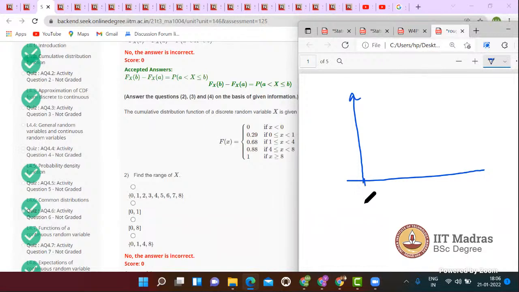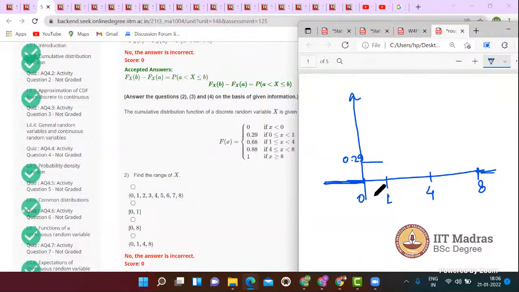Okay. So from 0 to 1, this is 0, right? This is 1, this is 4, and this is 8. Before 0 the probability is 0, right? And then from 0 to 1, there is a sharp jump, and this is 0.29.